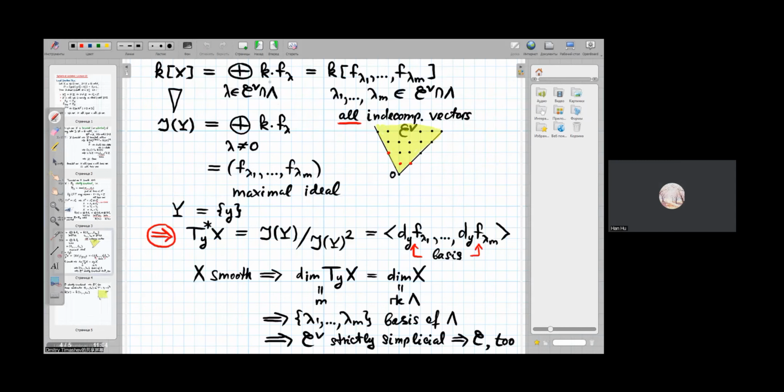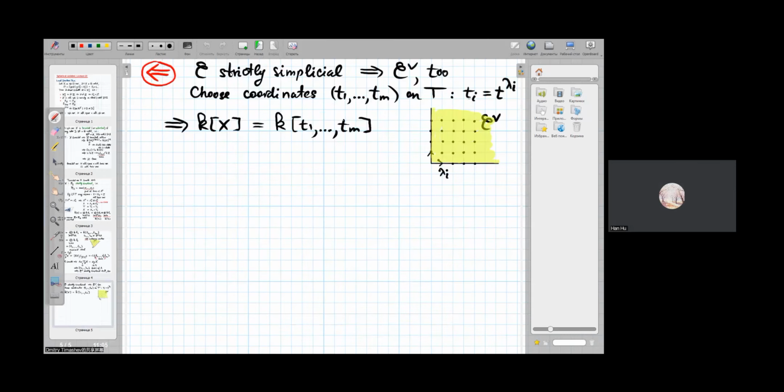Because looking back at the previous page, we see that this coordinate algebra is generated by monomials corresponding to these basic characters, lambda 1, ..., lambda m. And these basic characters are just the variables Ti themselves. So we get a polynomial algebra. And of course, the spectrum of this polynomial algebra, that is the variety X, is nothing but an affine space. It is a smooth toric variety, so we have proved smoothness. And this finishes the proof of the theorem, of the smoothness criterion.